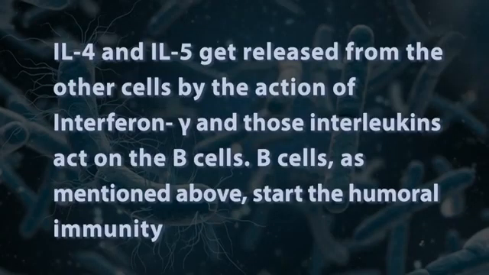IL-4 and IL-5 get released from the other cells by the action of interferon gamma, and those interleukins act on the B cells. B cells, as mentioned above, start the humoral immunity.